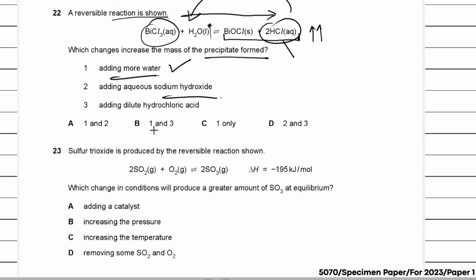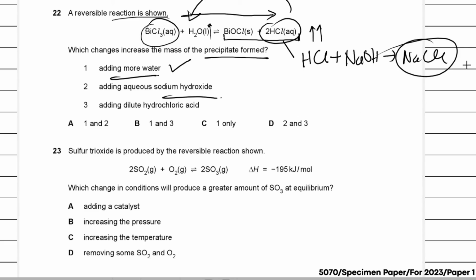So basically there is a neutralization reaction happening. If we add sodium hydroxide, it's a base, so it is going to form NaCl, a salt, and water on the same side. That means HCl is going to go down and sodium hydroxide is going to be added. That means sodium hydroxide is a reactant over here and HCl is a product.